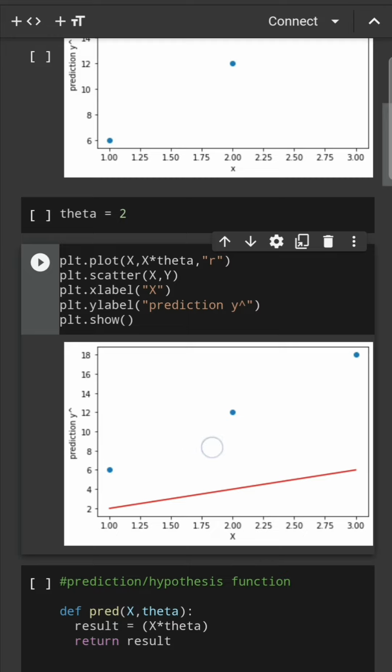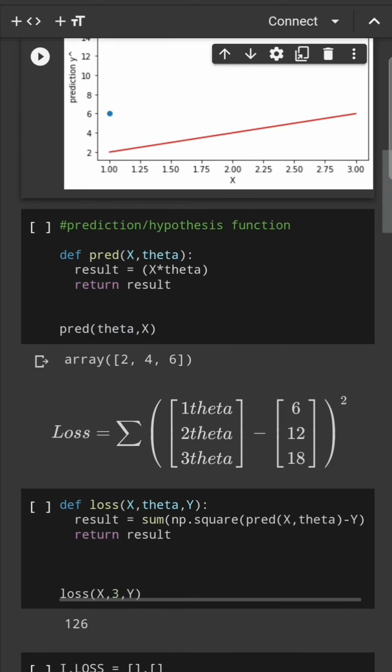How will we know that this is a good prediction? Graphically we can see it. Mathematically, we will learn this by the use of a loss function. The loss function tells us how good our model is, how well it is sticking to the line. So we have our loss function over here.